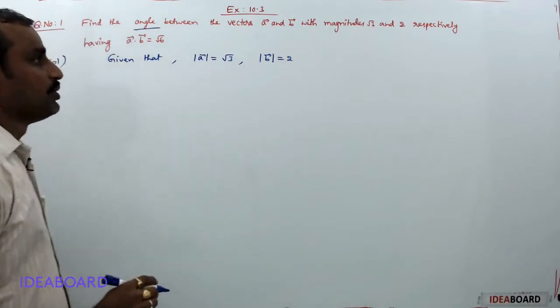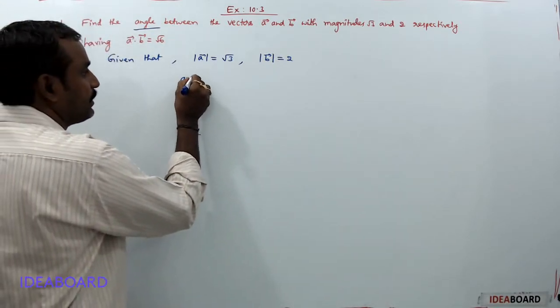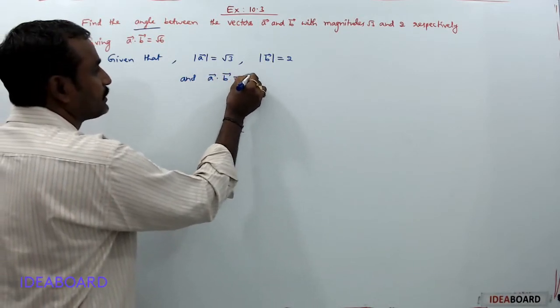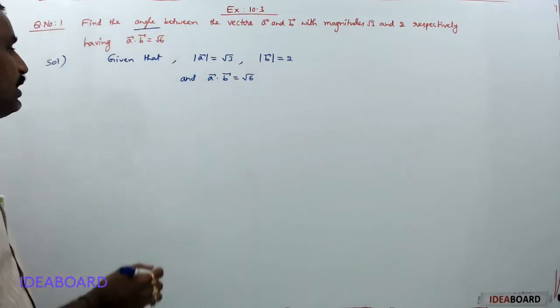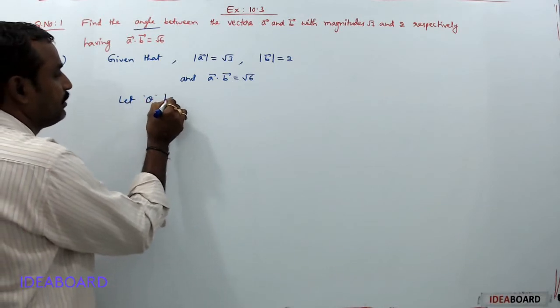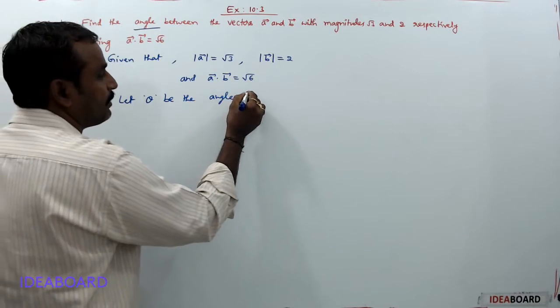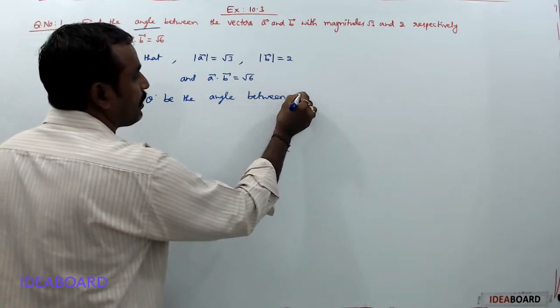The magnitudes are given, and the dot product is also given: a bar dot b bar is equal to root 6. We want to find the angle, so let theta be the angle between a bar and b bar.